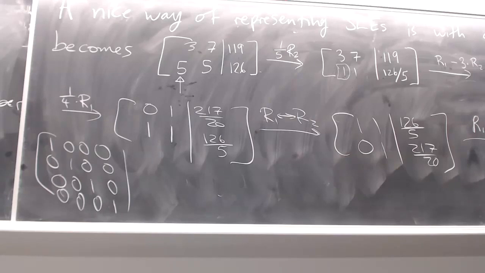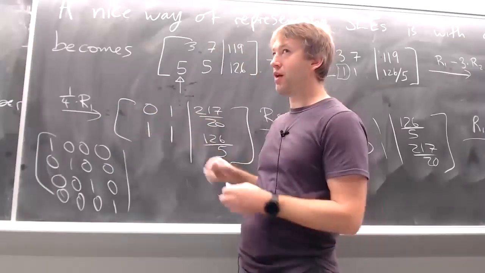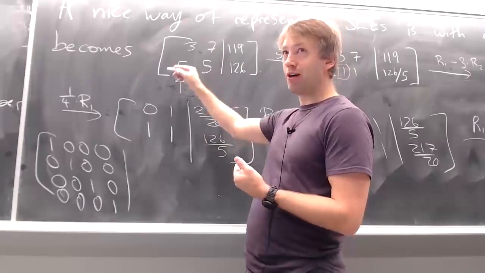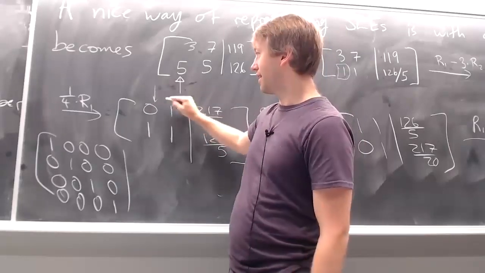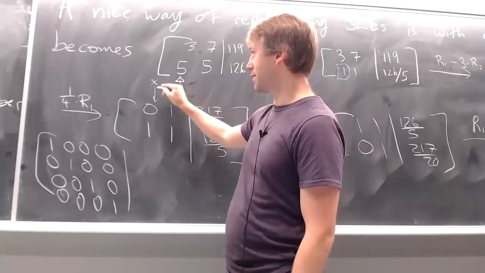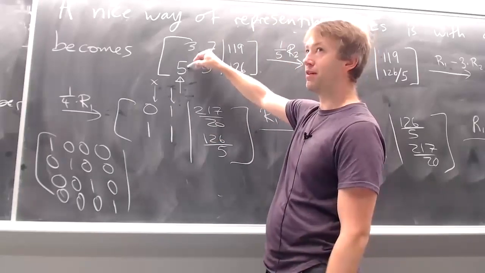Maybe that's a good reason for flipping them, to just make sure we know what's going on. It's actually not really row 1 that's X and row 2 that's Y. It's kind of the column 1. So that's a good question. This column represents X, because those are the coefficients I had on X in the previous example.